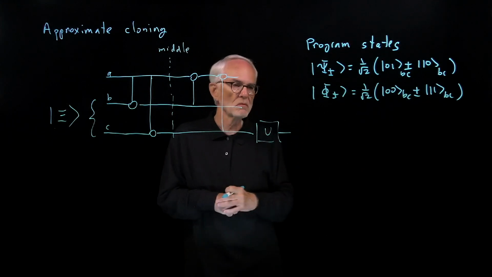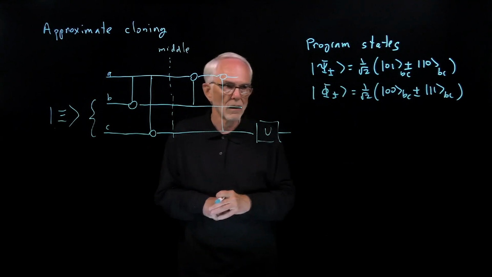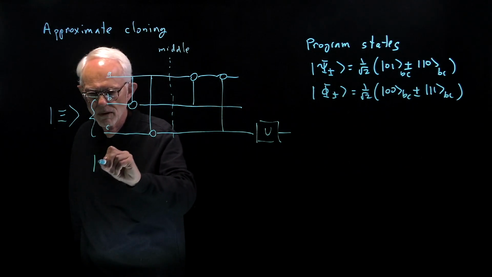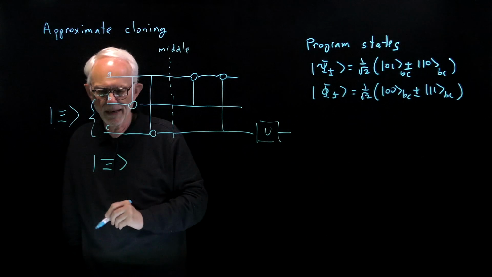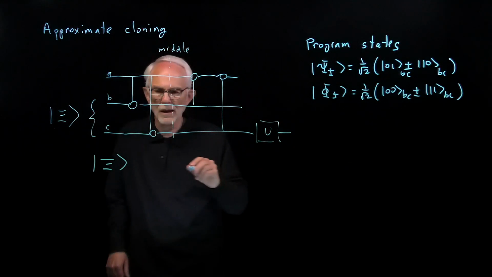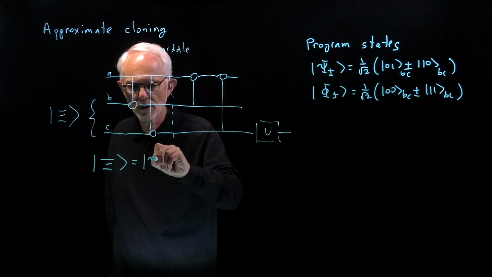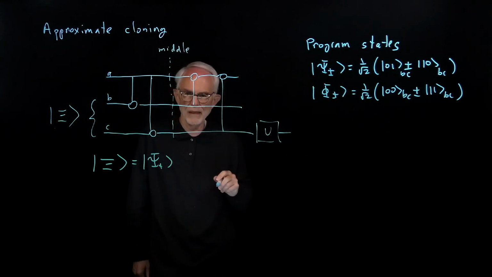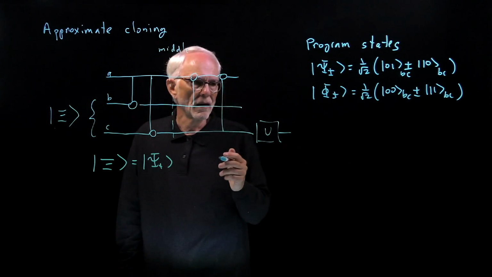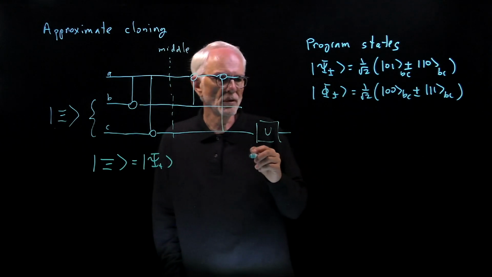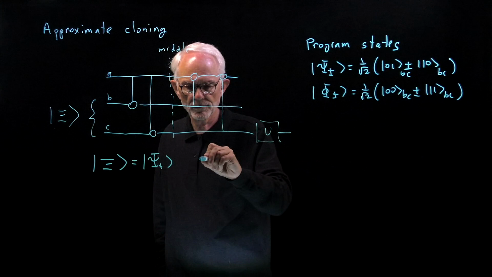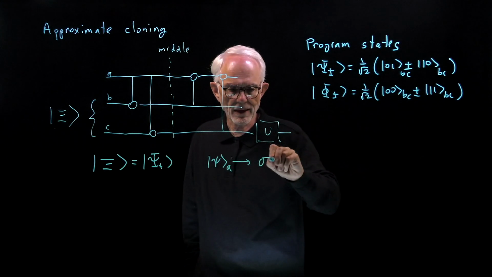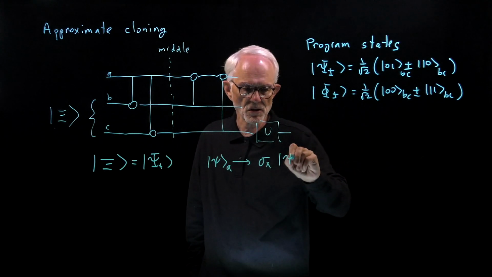So what happens with these different program states? Let's look at, I'm going to put C here. And so that's the program state that we're going to put in. And suppose it is equal to psi plus. Now, if we work through things, that will take psi to sigma x acting on psi.